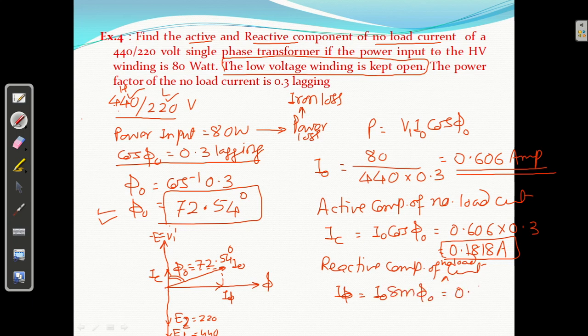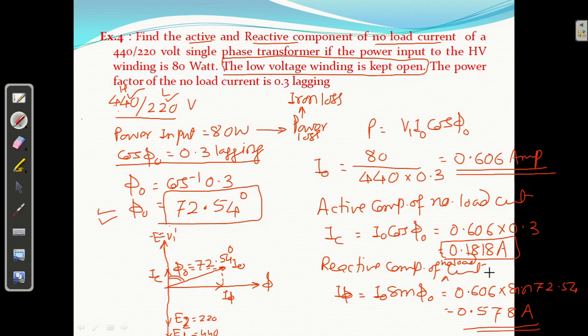I0 is 0.606, times sin 72.54 degrees. So I get 0.578 ampere.